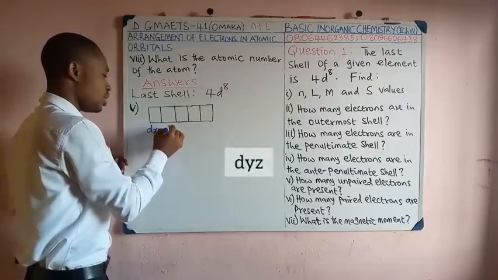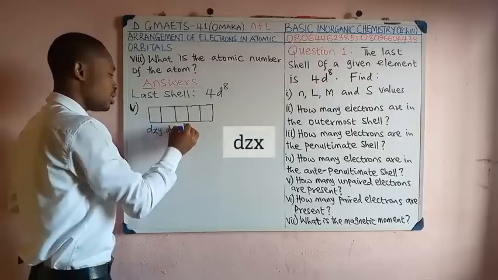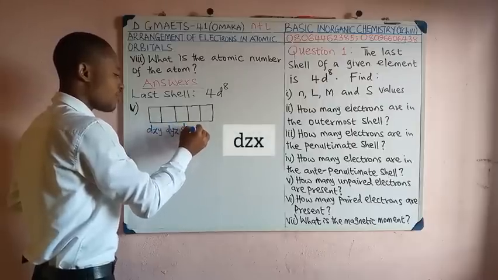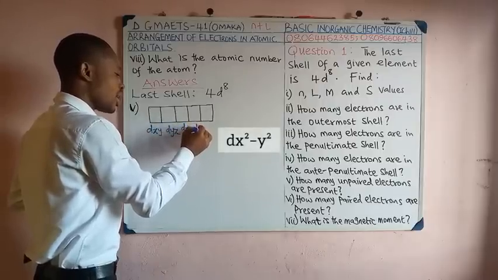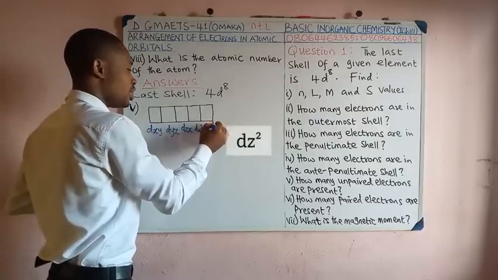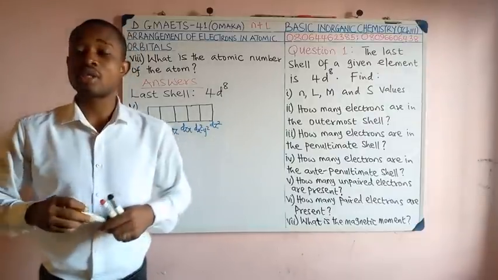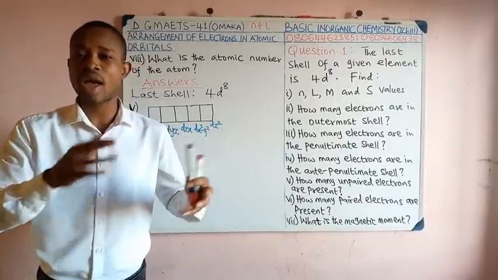The second one is dyz. The third one is dzx. The fourth one is dx squared minus y squared. Then the fifth one is dz squared.